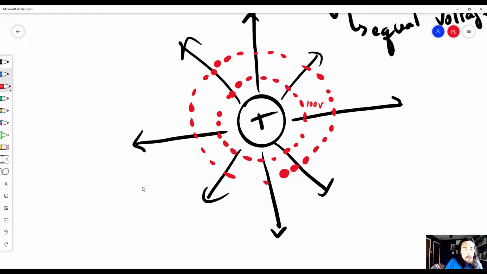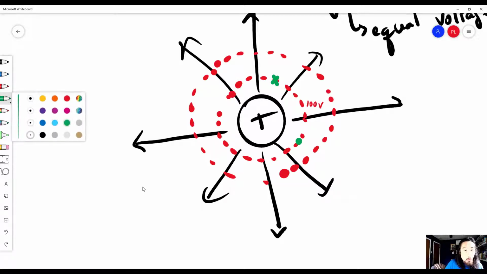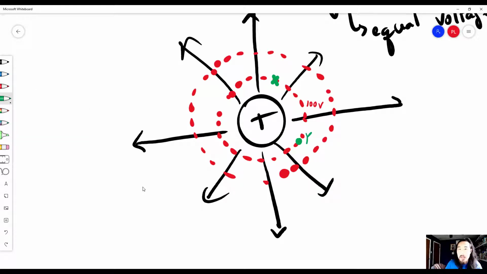So if I were to look at two different spots, let's say I was looking at this first spot right here, that location X, and let's say I were to go over here to this location, let's call this one Y, right? So we have location X and we have location Y. Because X and Y are along the same equipotential line, they will have the same voltage. It's as if I did not go up in height or down in height. I have the same voltage.